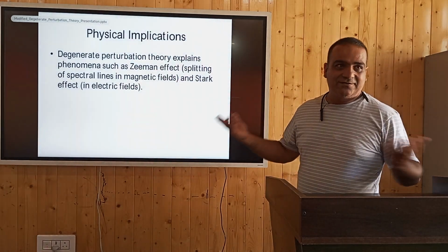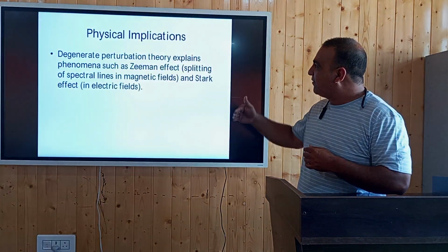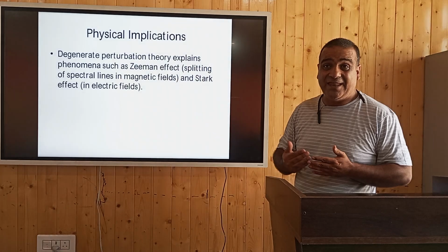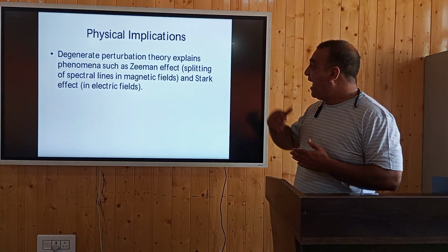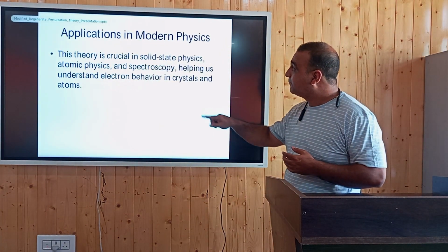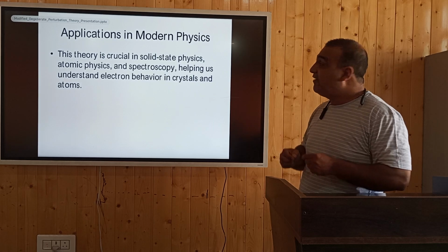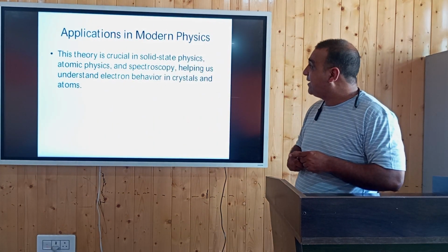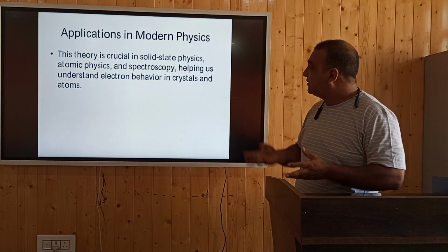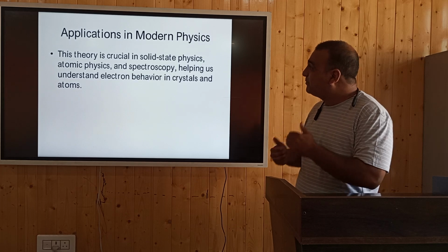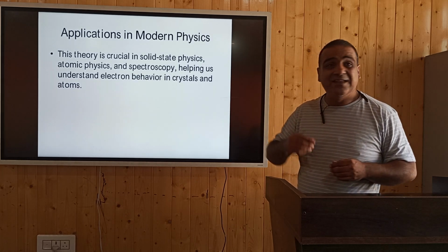Physical implications, you know about them. Degenerate perturbation theory explains phenomena like the Zeeman effect and Stark effect. And this theory is very crucial in condensed matter physics, atomic physics, and spectroscopy. It certainly helps us understand electron behavior in crystals.